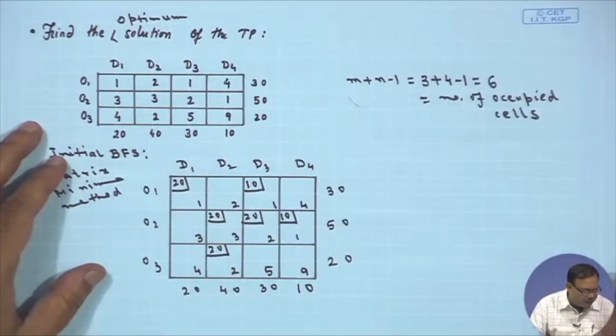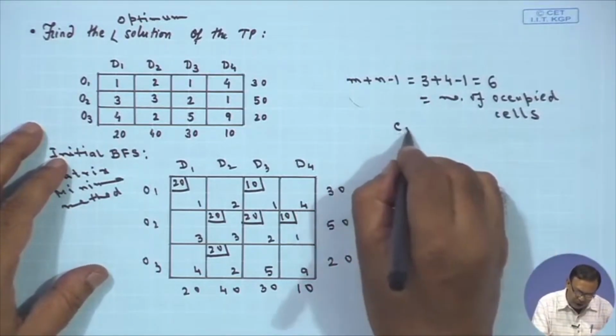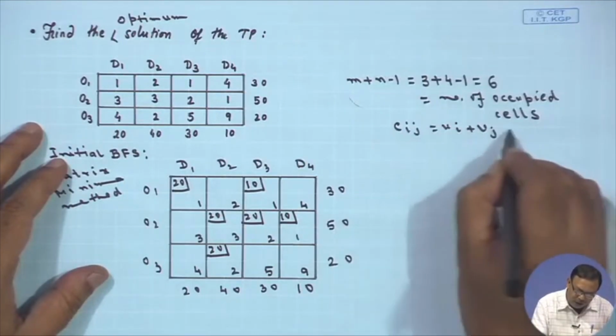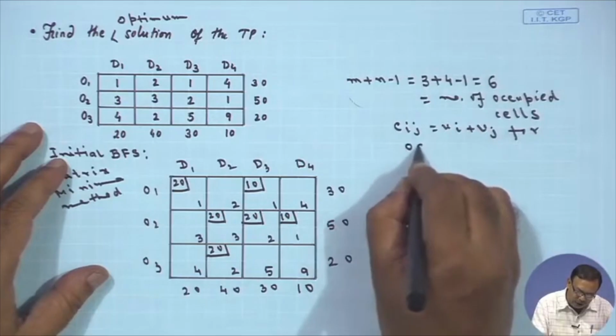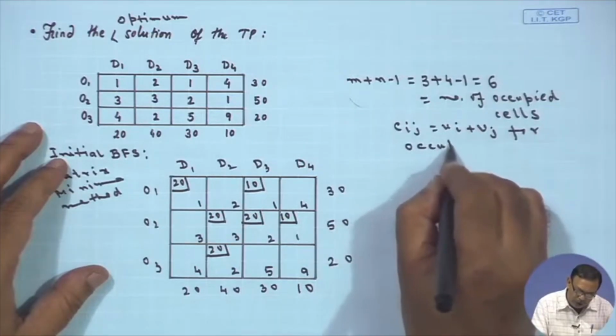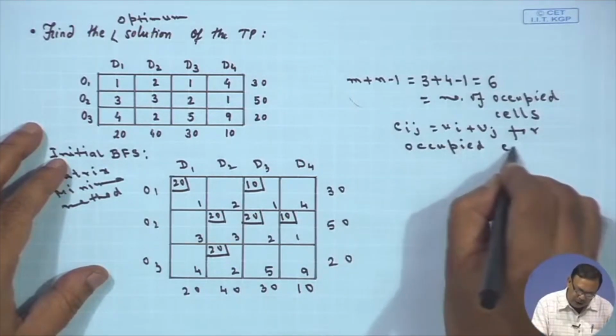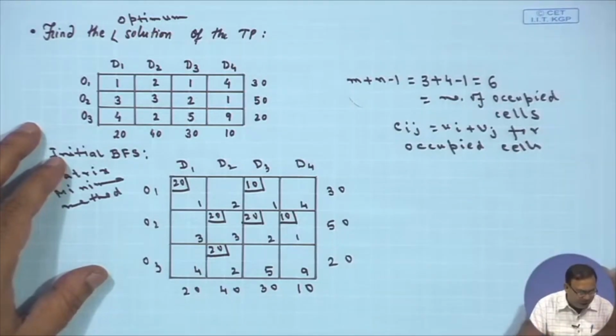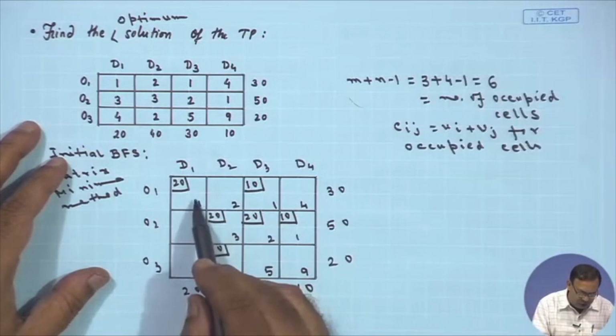To find out whether it is optimum or not, I have to calculate Cij equals Ui plus Vj for occupied cells only. Please note this one. How will I calculate here?